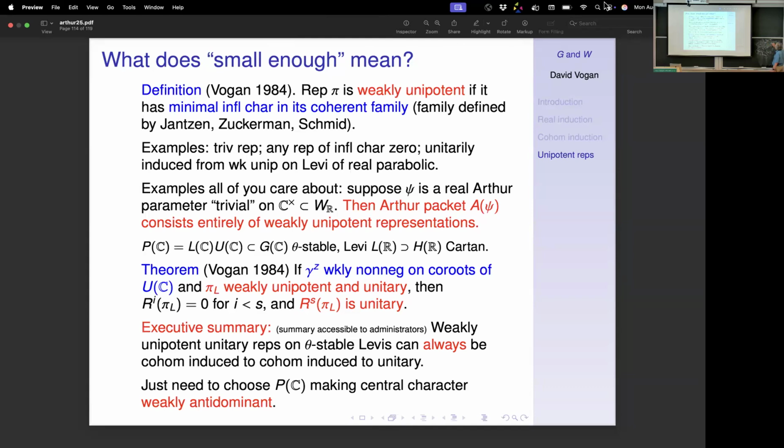It doesn't matter. That's the way you construct. You start with a unipotent Arthur packet, and you do these two kinds of induction in whichever order you prefer, and more or less that's giving you an Arthur packet for G.